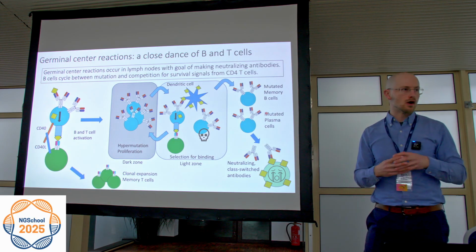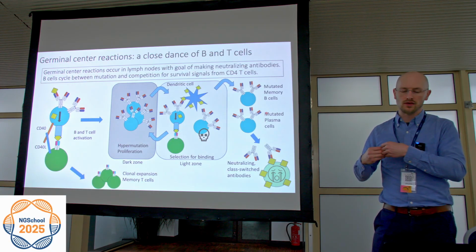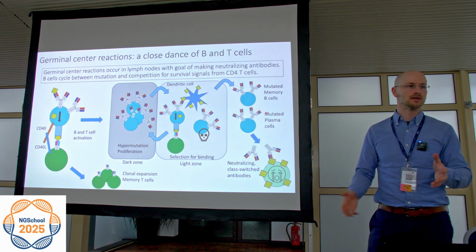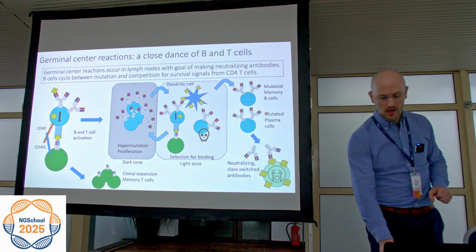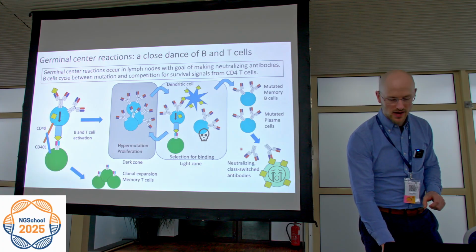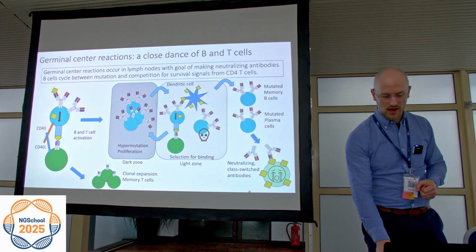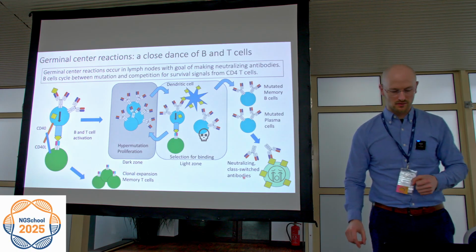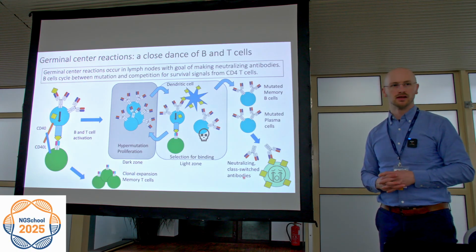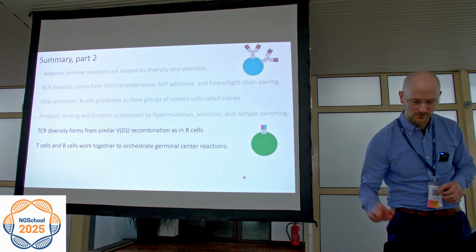And some of them are long-lived plasma cells, and they migrate to the bone marrow where they release lots of antibodies for decades. And these antibodies, because they've undergone this germinal center reaction, are neutralizing and class switched, and they go out into the blood and mucosa and do violence against whatever has that antigen.